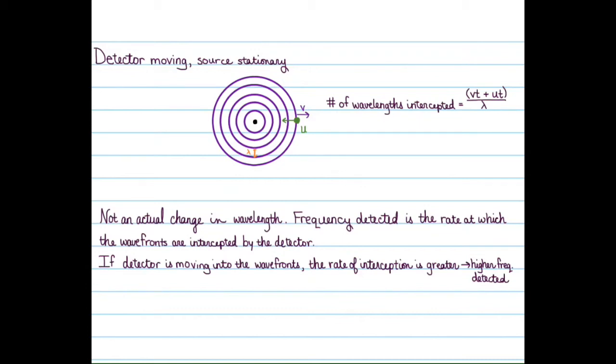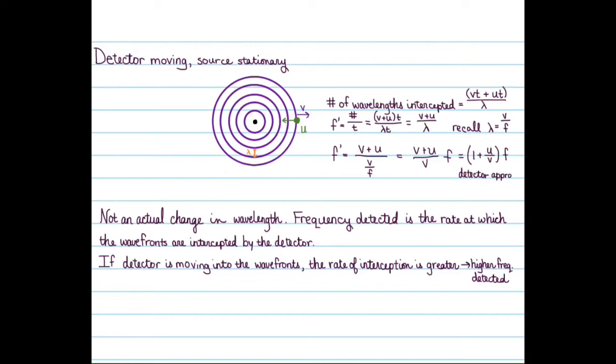We want to know the frequency, so we take that number of wavelengths and divide by time. The times cancel out, and we get v plus u divided by lambda. But remember that lambda is just v over f, so we can plug that in, and we get (v plus u) over v times the frequency is our new frequency prime, and that's for the detector approaching. And you just change that to the minus sign for detector receding.